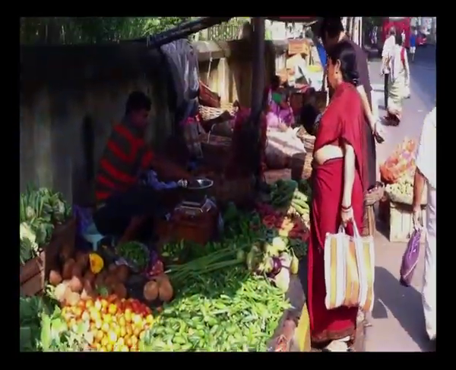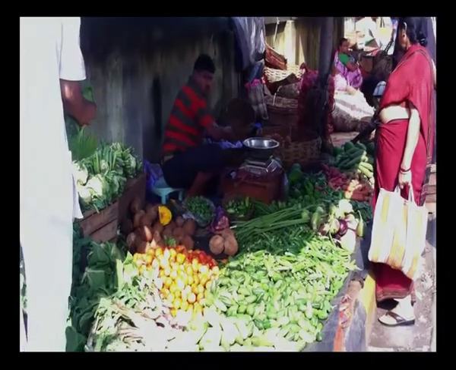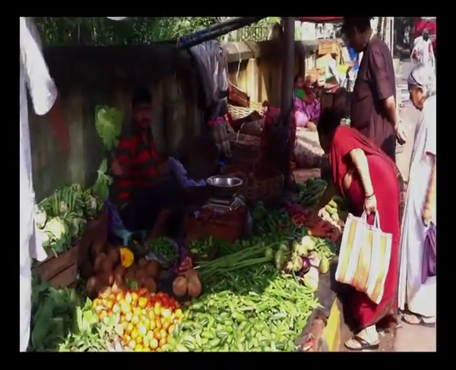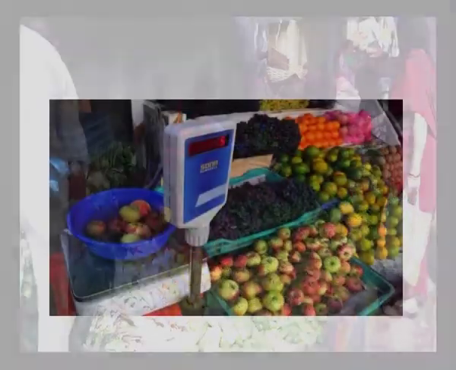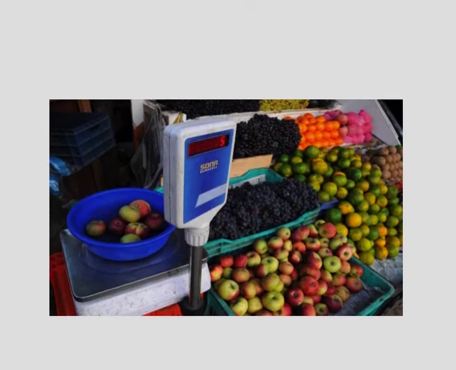By now, as you all know, in our daily life we often use the word weight in the place of mass. Units of mass are also used for measuring weight. Mass is the quantity of matter in a body and weight is the force with which the body is attracted towards the center of the earth.